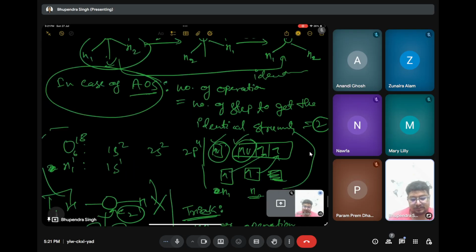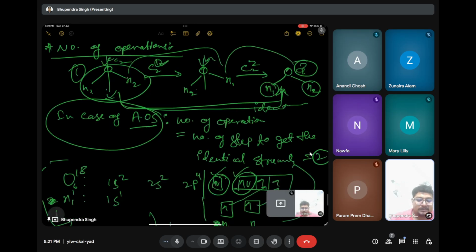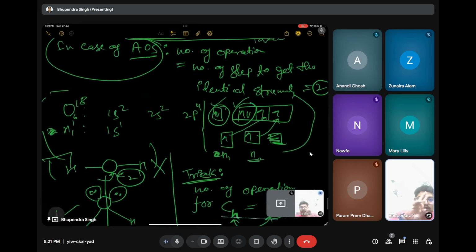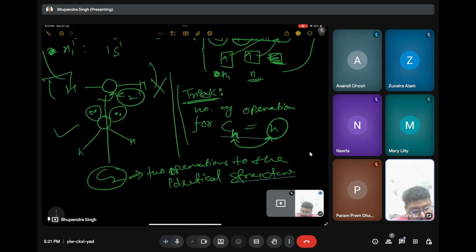See this one. C2, this H1 goes here, H2 goes here. Again C2 operation, again H1, H2. See here, from here to here, the first one and the third one are the identical structure. So to get the identical structure, we require only two operations. So this is the trick. The number of operations required is this.